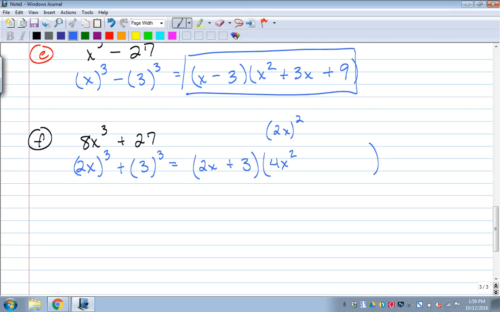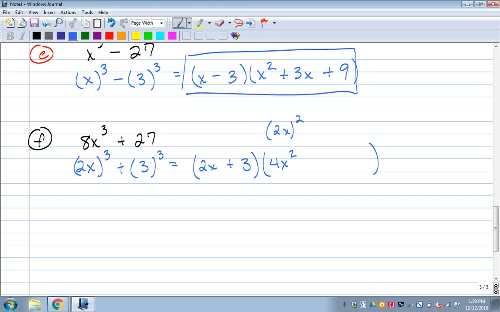You're squaring whatever was cubed here. Because you used one of the 2x's here. What cube gives me the 8? That's where the 2 is. I'm breaking that down into what cube gets me the first term.